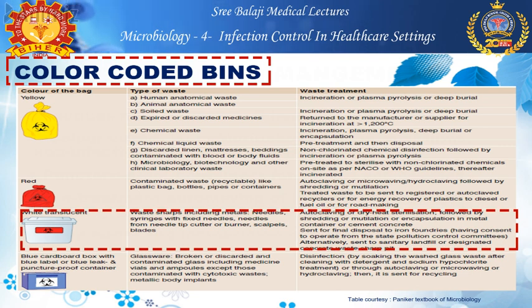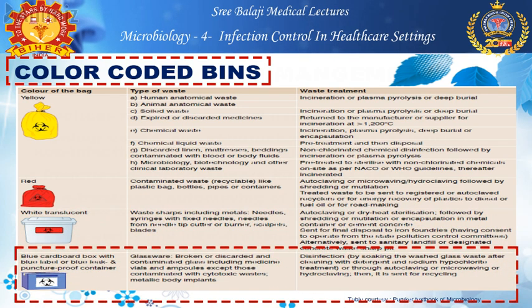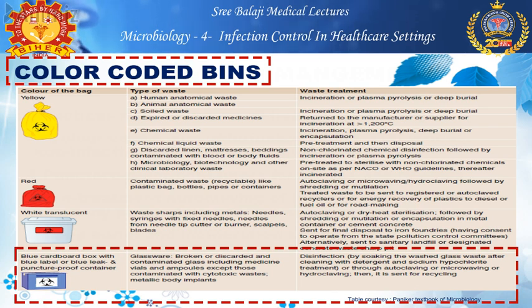Along with that, you can use it for waste sharp metals also. And the blue cardboard box, which is also a puncture proof container, is where broken glasswares, vials, and ampules which you are using usually go. All those things such as cytotoxic wastes and metallic implants will come under this blue box.